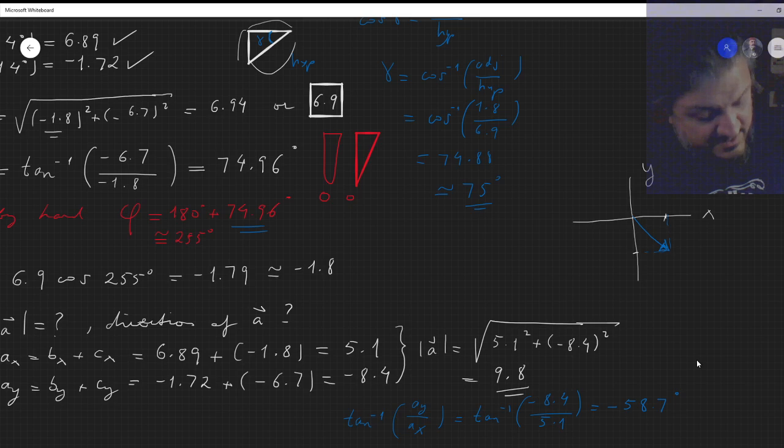Any angle below the x-axis will be negative. So this was question number 26.